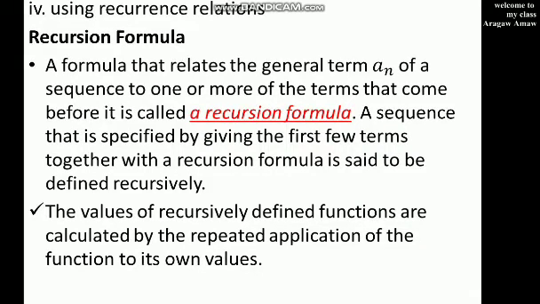A sequence that is specified by giving the first few terms together with a recursion formula is said to be defined recursively. The values of recursively defined functions are calculated by the repeated application of the function to its own values.